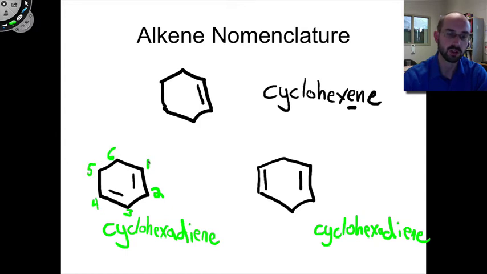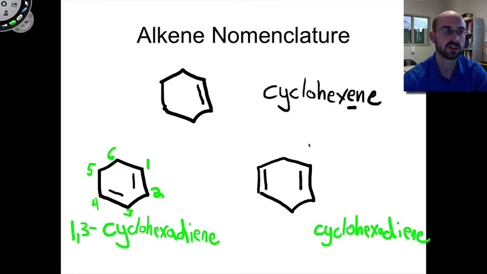And so what we would call this is, say, this is carbon 1, it's connected to carbon 2. We don't have to say 1 to 2. We just know that this starts at 1. This alkene starts at 3. So this molecule is 1,3-cyclohexadiene.